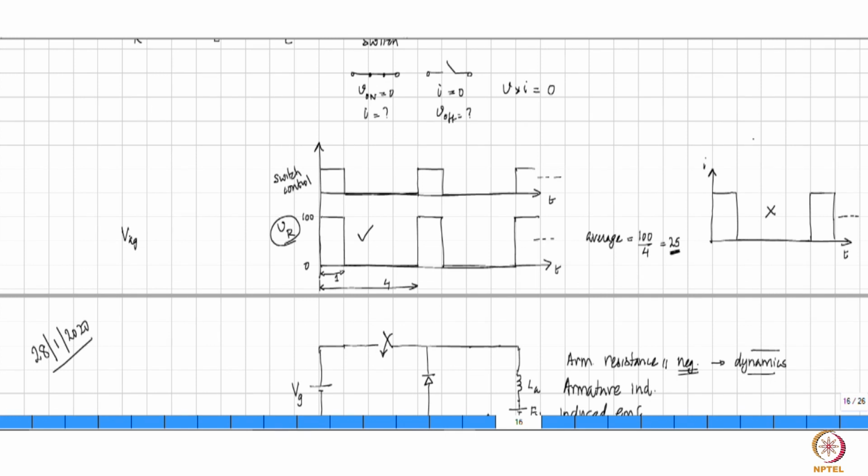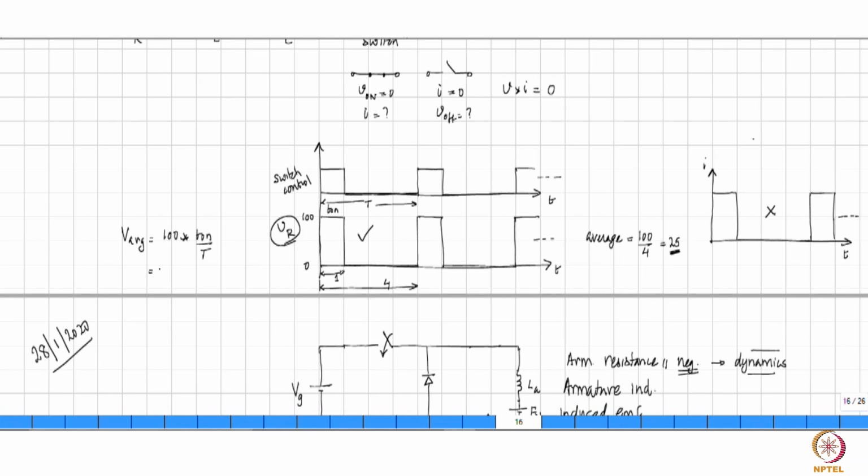V average is equal to 100 multiplied by, if this is the on time T on and if this overall duration is capital T, T on divided by T. Correct? You don't want this to change. You want 25 volt average applied to the motor.